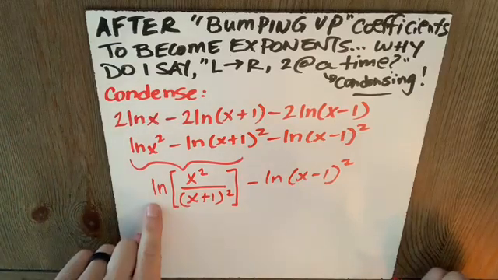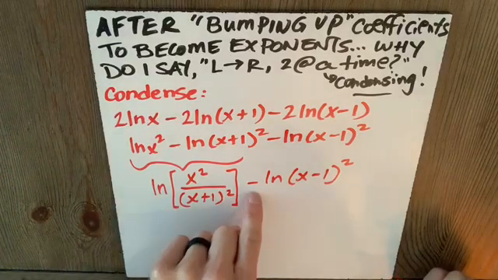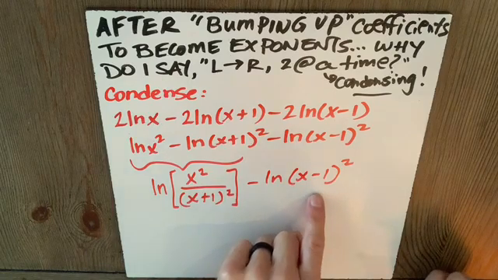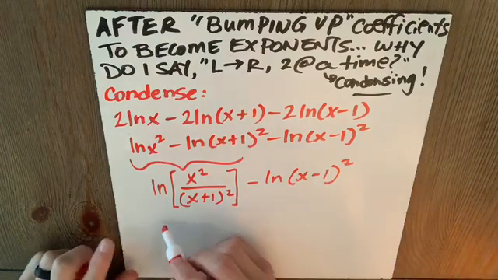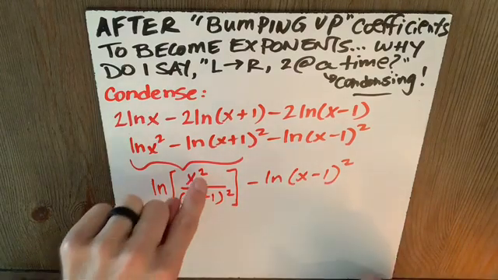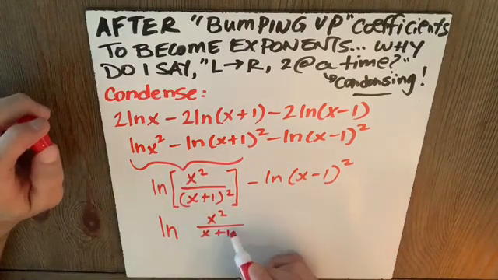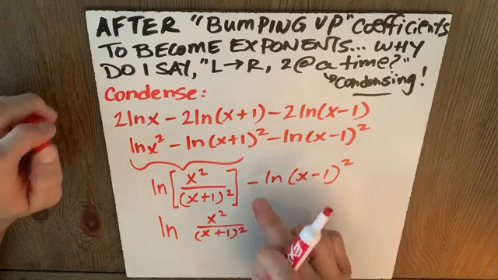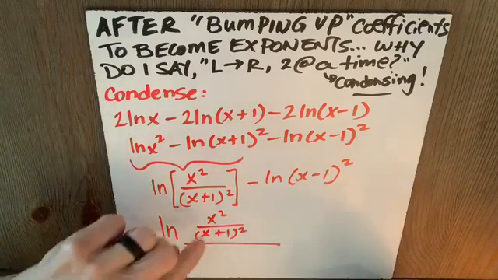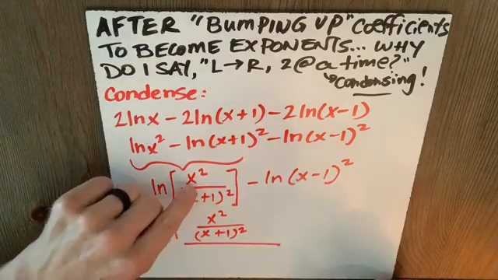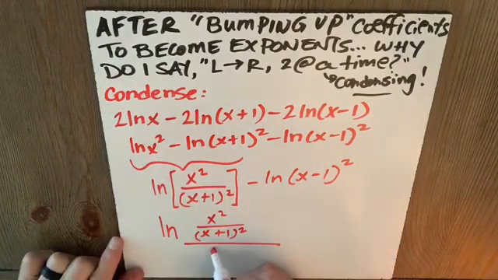Now I've got natural log of u minus natural log of v. So when I condense, I'll have natural log of this, x squared over (x plus 1) squared, divided by, that's my numerator playing the role of u today. Playing the role of v is this, (x minus 1) squared.